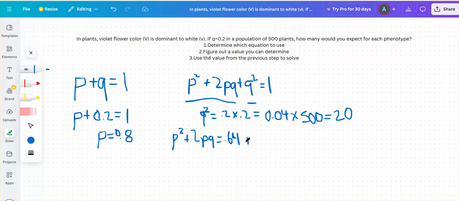So that's 0.32. So if we add these up, we're going to get 0.96, which makes sense because we know that P squared plus 2PQ plus Q squared has to equal 1, and this was Q squared. Whoops, this is supposed to be a 6. Let me erase that. 0.96.